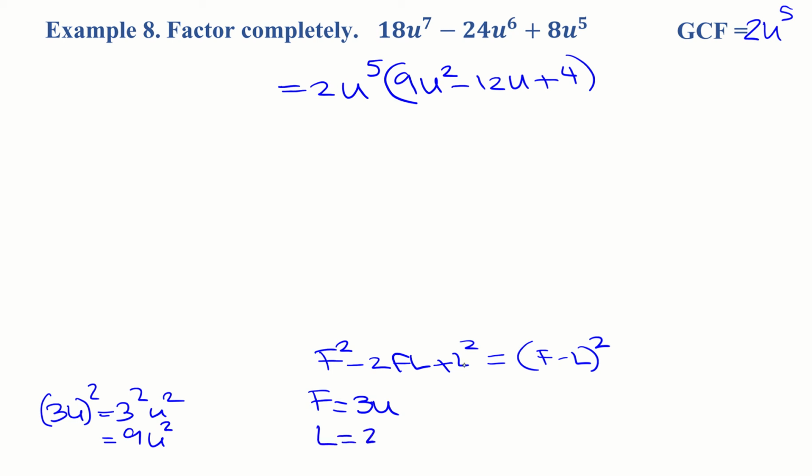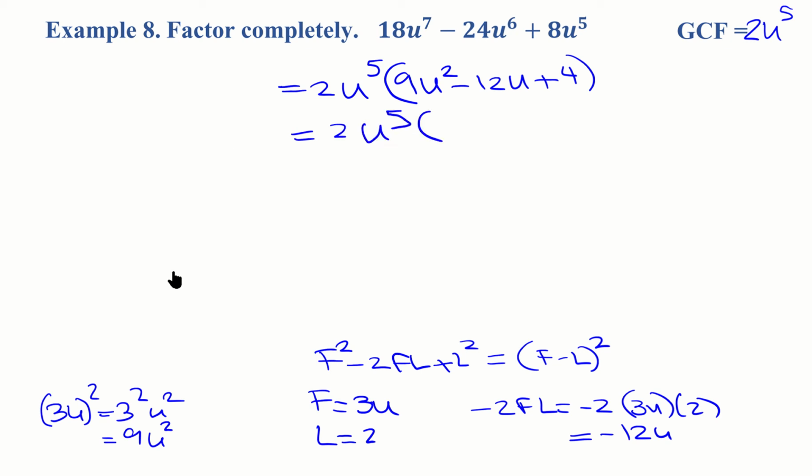So the middle term better be negative 2fl. So that's negative 2 times 3u times 2, which is negative 12u, which happens to be what we have. So this is indeed a perfect square trinomial, and we can write it as quantity f minus l squared, where f is 3u and l is 2.